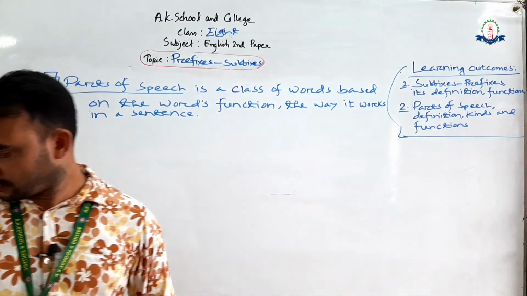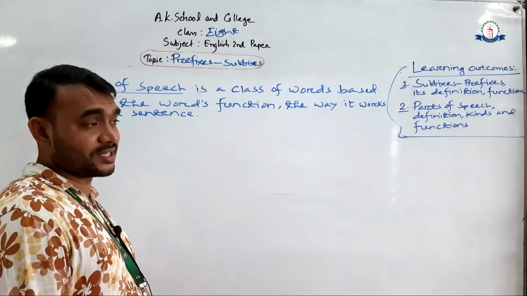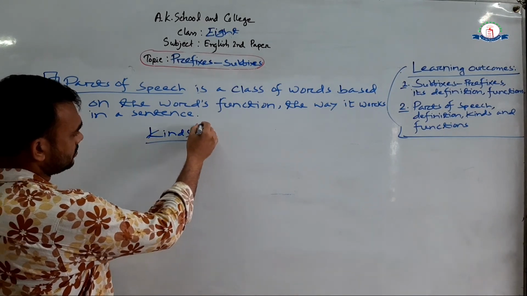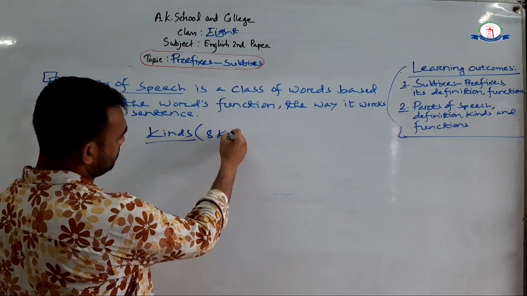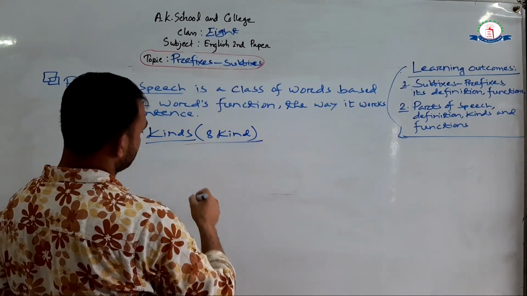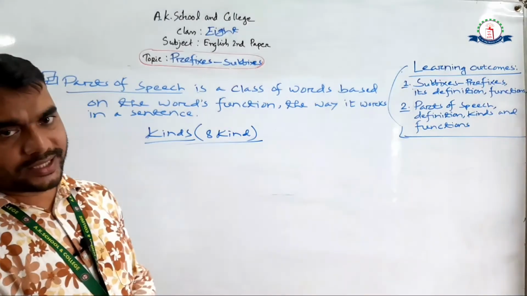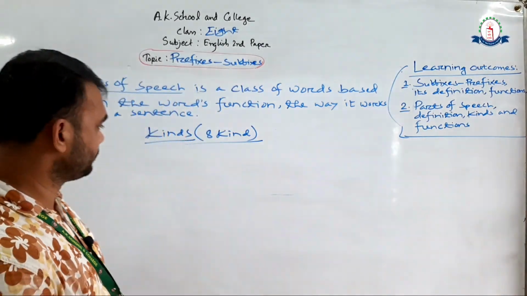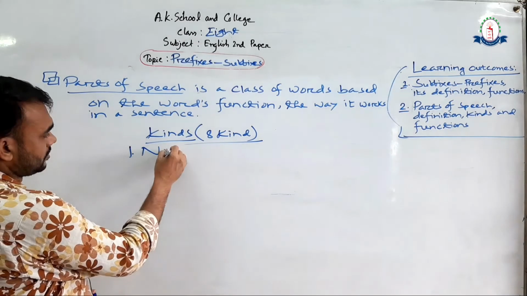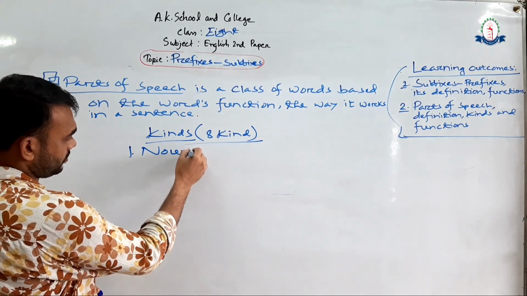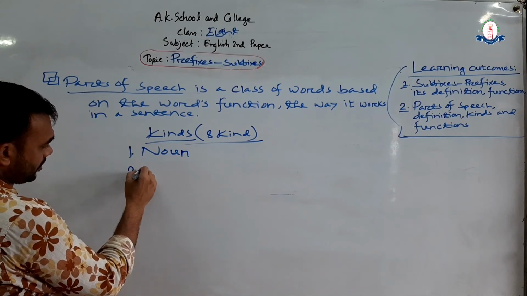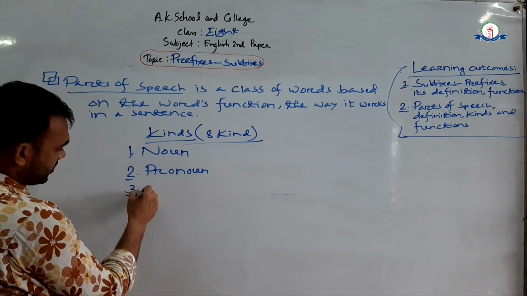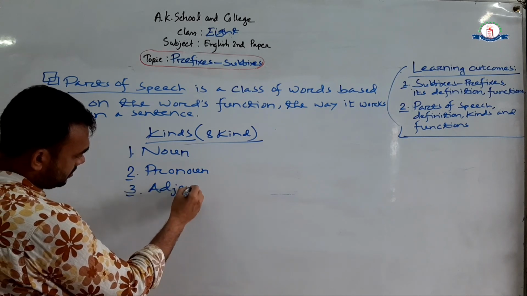Okay. Now I will write its kinds. There are 8 kinds of parts of speech, so I will write the name of them. Number 1, noun. Number 2, pronoun. Number 3, adjective.